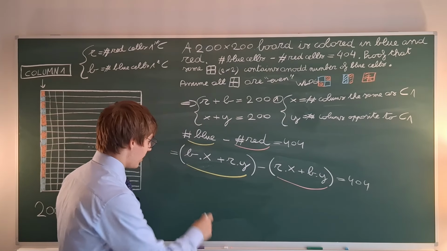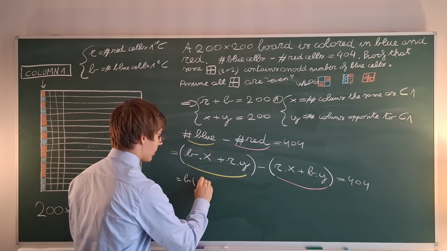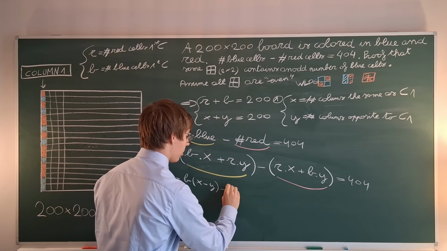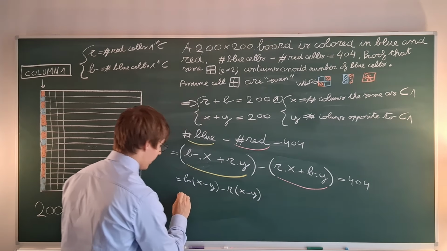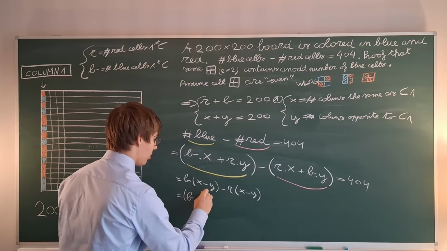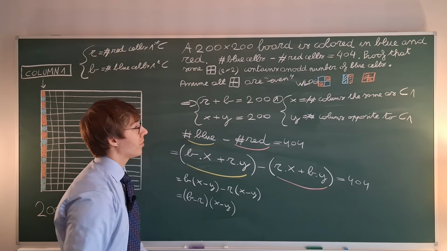But we can factorize this, because this becomes b times x minus y minus r times x minus y. And this is equal to b minus r times x minus y.